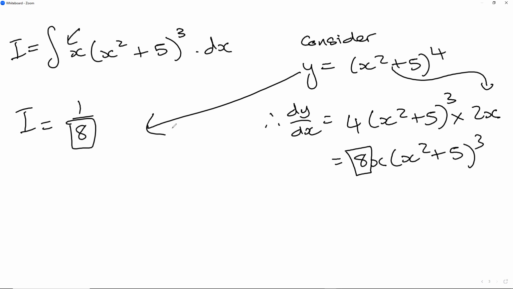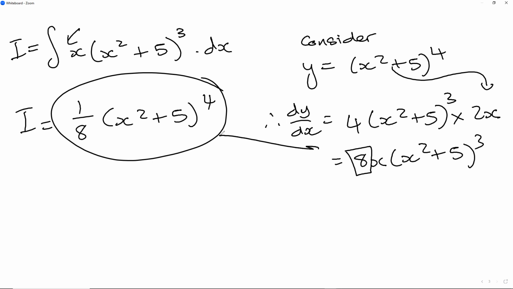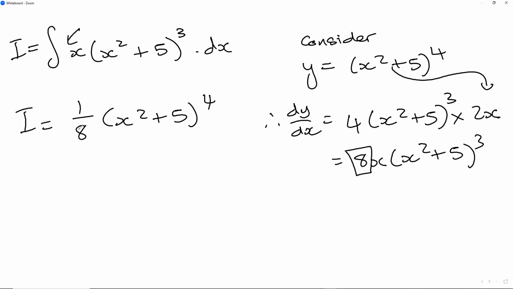So it will be 1 over 8 (x squared plus 5) to the power of 4. To go back this way, remember, I have to derive. To go this way, I'm integrating. If I derive this function now, it would end up over there, but it'd be a 1 over 8 enough to cancel it out. So I've got to be smart about extracting that constant.